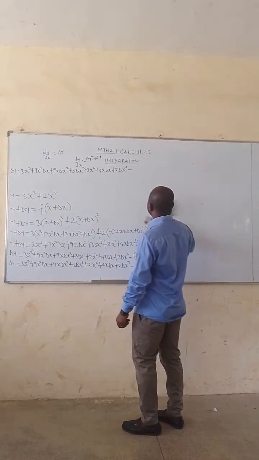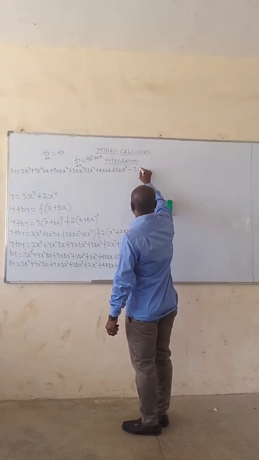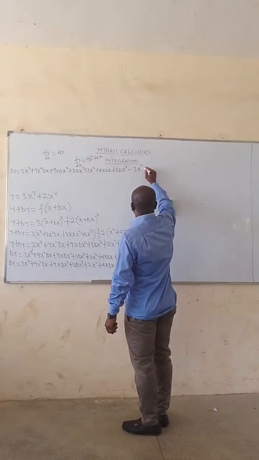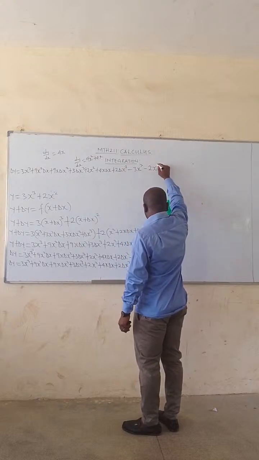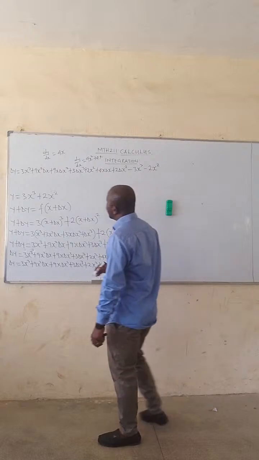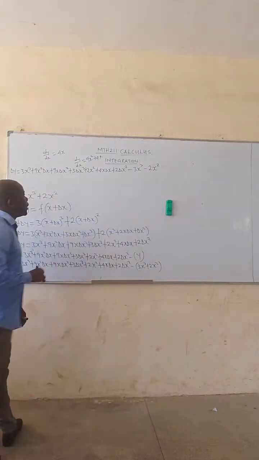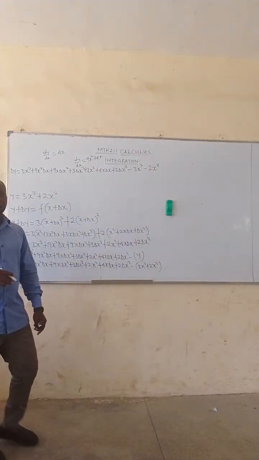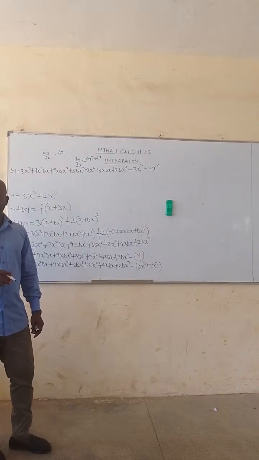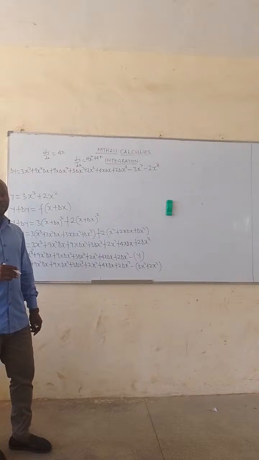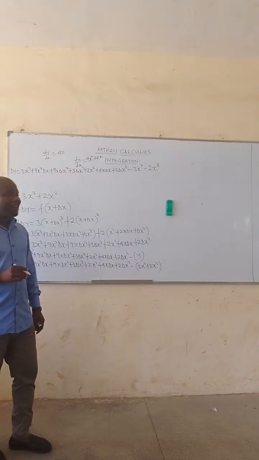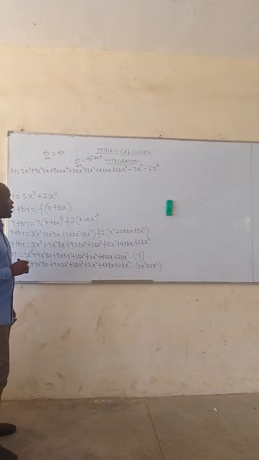We open this bracket, we are going to have minus 3x cubed minus 2x squared. That is mathematics for you, if you can see what I am saying mathematically.